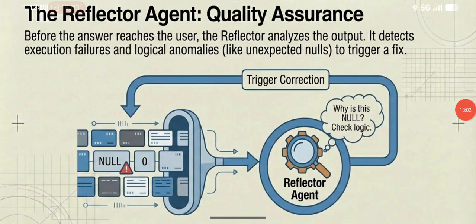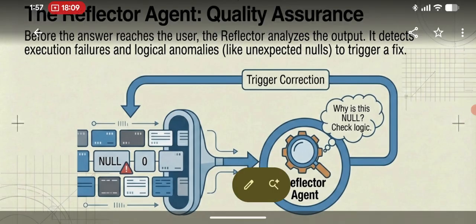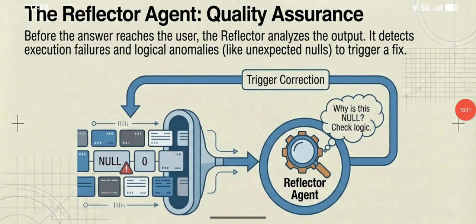Finally, after all the SQL queries are created, we need to get the output for all those SQL queries, and then combine that output to be given to the synthesizer. So what will the reflector agent do?